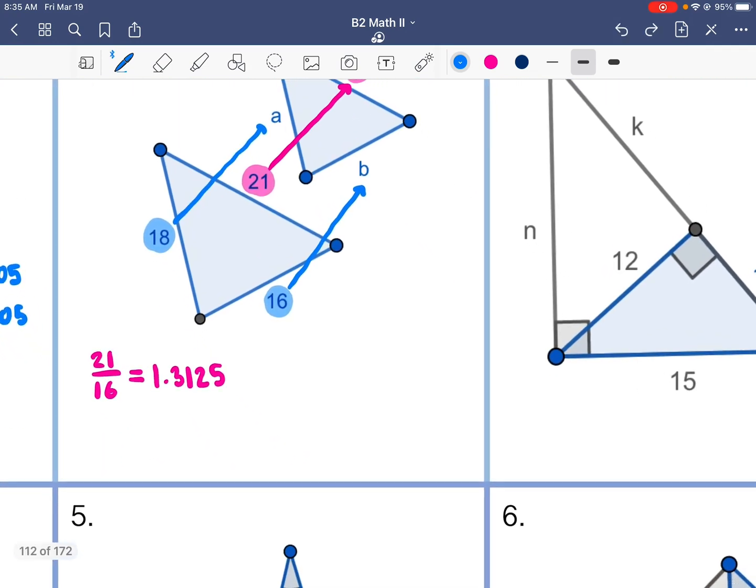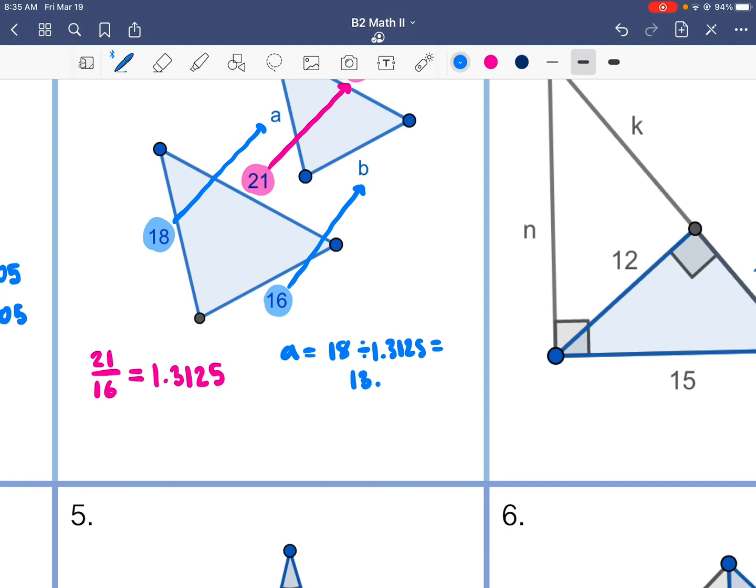So A is going to be 18 divided by 1.3125. I got 13.71 for that one, and I'm rounding.